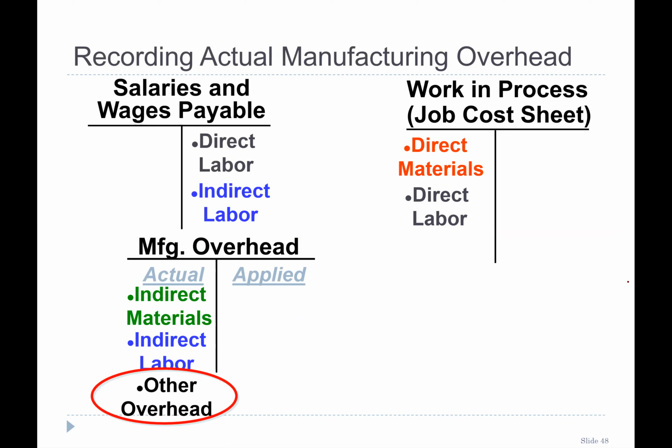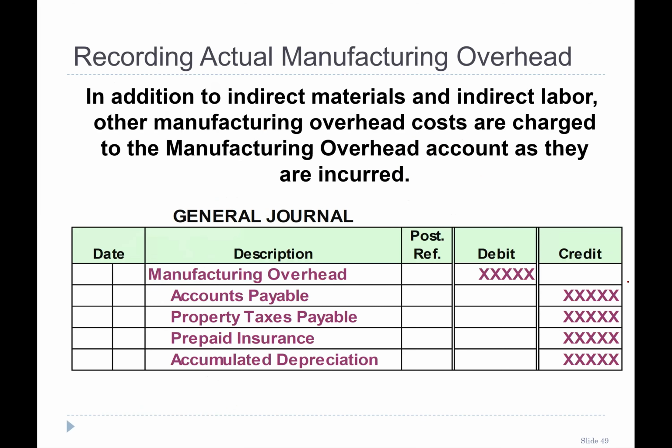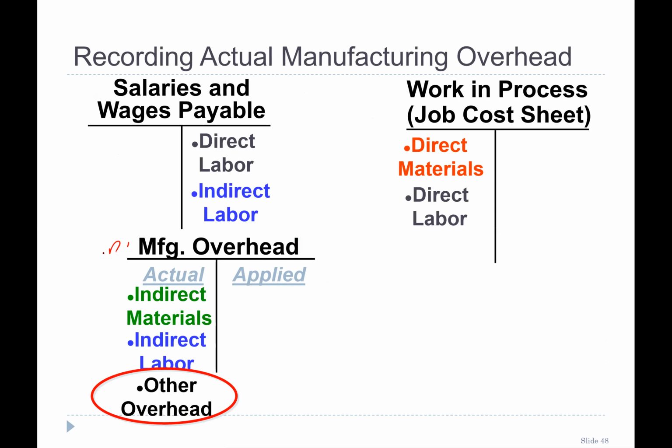Here we go. The other overhead, which we did not include here, we just included here as well. So when there are other overheads, for example, we have insurance, accumulated depreciation, right? That increases our manufacturing overhead. What are the others?